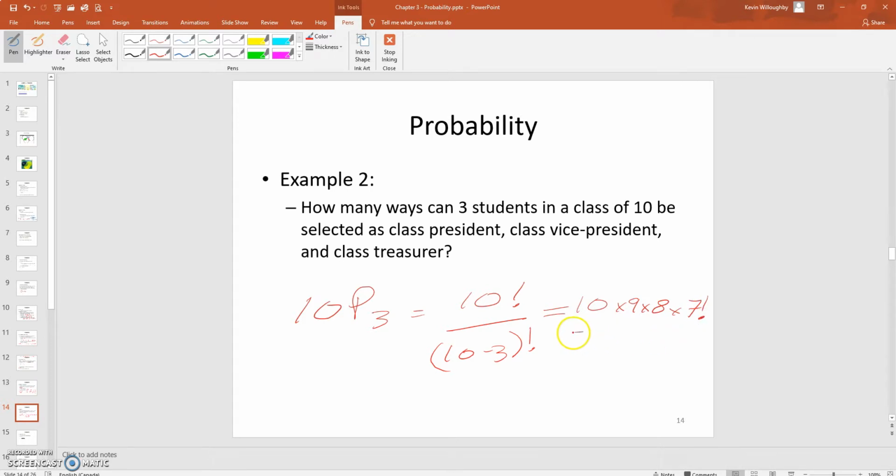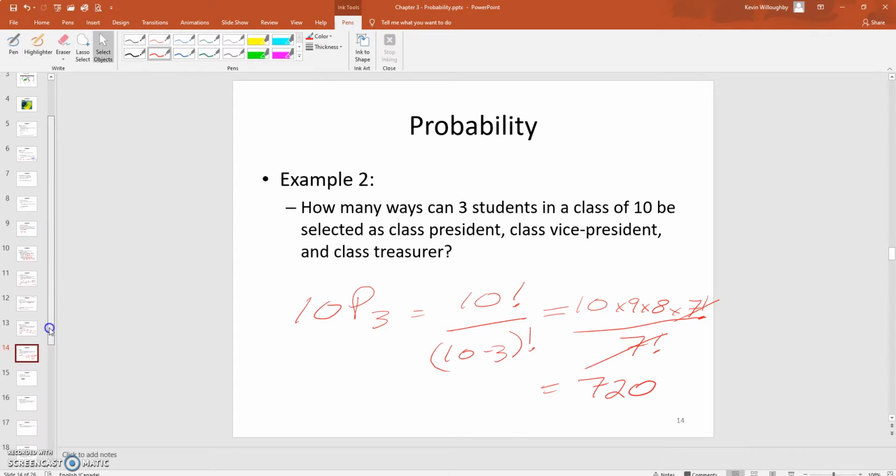I'm going to leave that as a factorial because the bottom, 10 minus 3, is 7 factorial. And we should be able to cross out all of that. So 10 times 9 times 8 is 720. Definitely didn't want to list out all those outcomes.